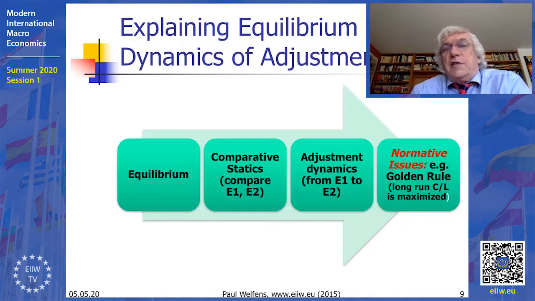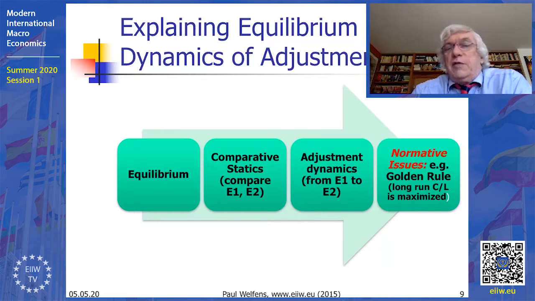We are interested in various aspects of the equilibrium and also the dynamics of adjustment. At first, okay, is there an equilibrium? If there is an equilibrium now, and maybe after some policy intervention, a new equilibrium E2, okay, then we can compare within our comparative statics the initial equilibrium E1 and the new equilibrium E2.